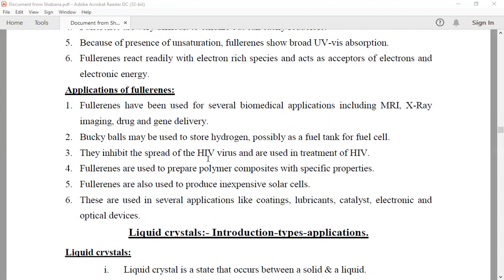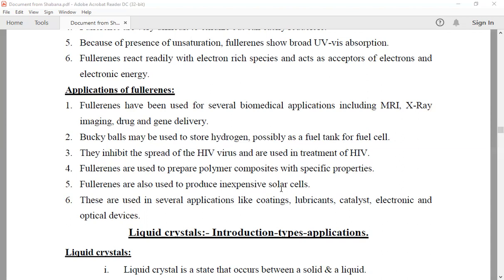When impregnated with helium, C60 buckyballs can be used as chemical tracers in the human body. And it is also used to prepare polymer composites with specific properties. Fullerenes are also used to produce inexpensive solar panels because the optical absorption properties of C60 match the solar spectrum.